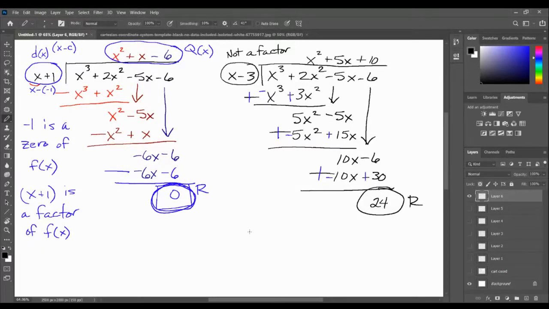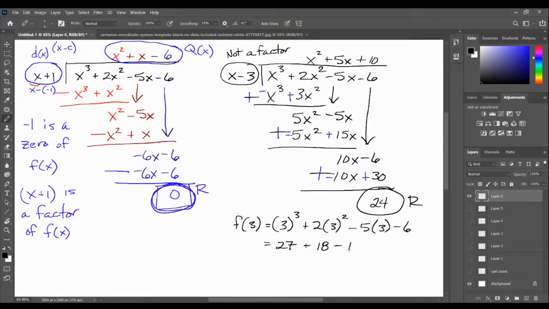But I want to show you something. Let's do f of 3. So we're going to plug 3 in for x in this polynomial. So I've got 3 cubed plus 2 times 3 squared minus 5 times 3 minus 6. 3 cubed is 27. 3 squared is 9 times 2 is 18.